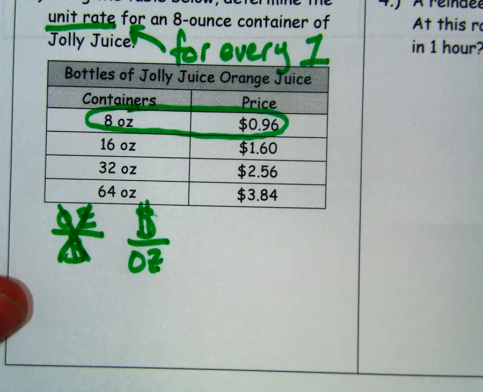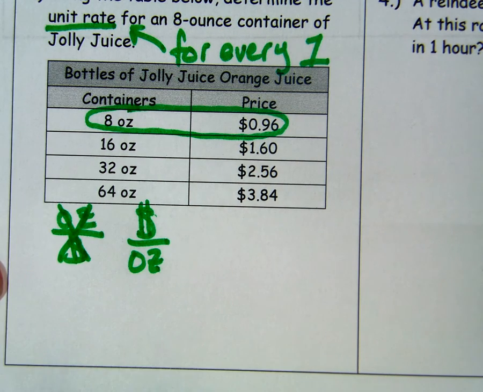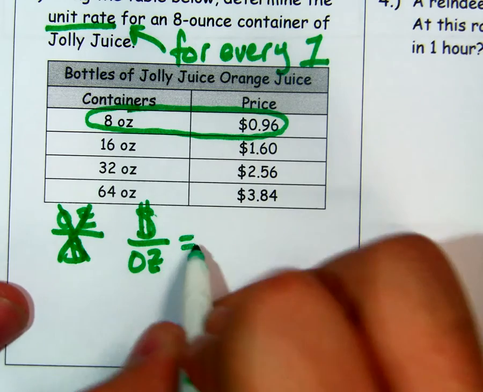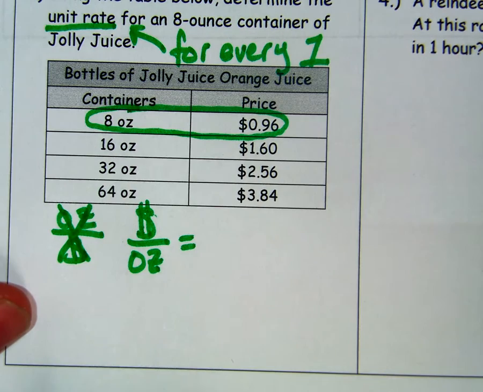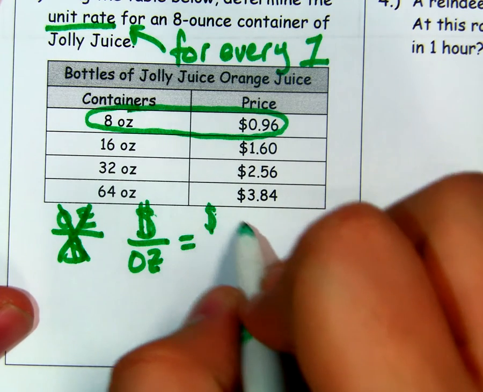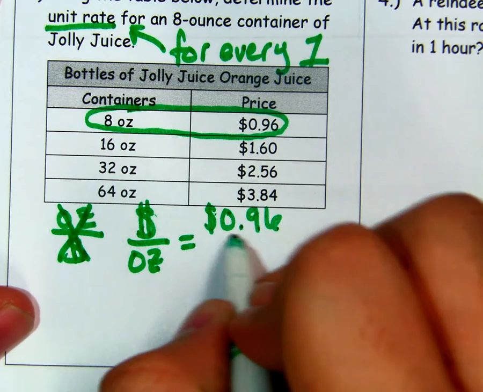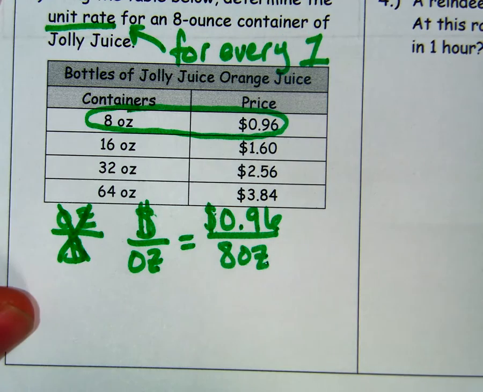Now, since we already have our ratio written with our units, we can write our original ratio with the original price and the original amount of ounces. In our table, it says that 96 cents gives you 8 ounces of juice.